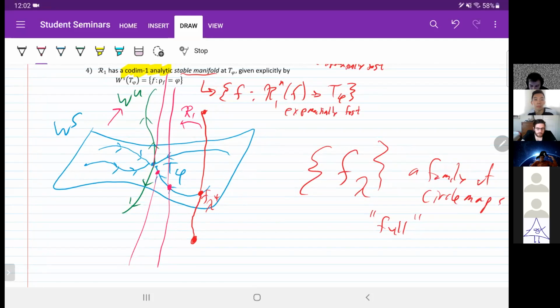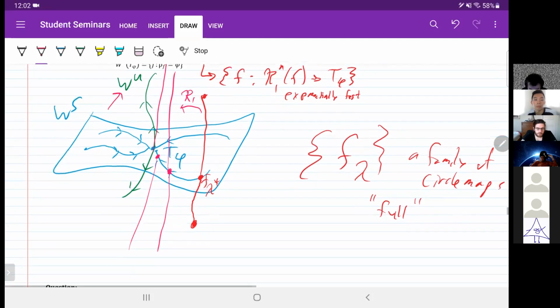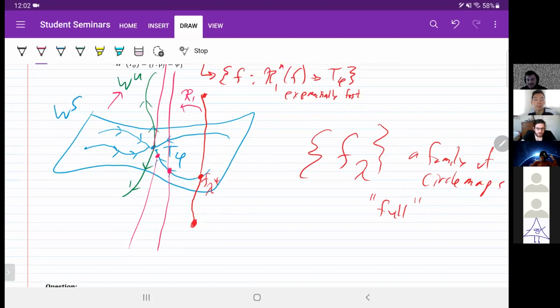But the point in the stable manifold will converge in on this fixed point. I'd love to say more, but I think I'm out of time.